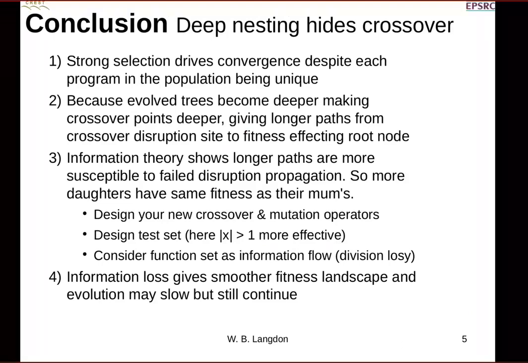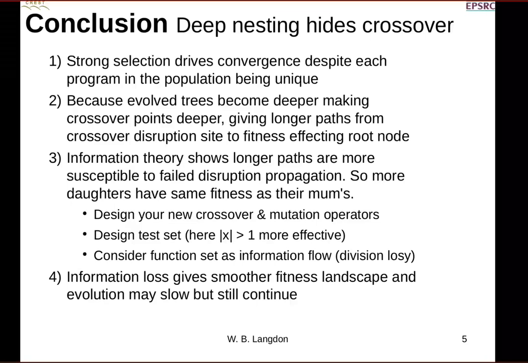As I said, the paper covers a lot of different aspects of convergence. Essentially, the population is converging because we have very strong tournament selection. As the trees evolve, they become not only bigger but also deeper, meaning the crossover points are further away from the root node.